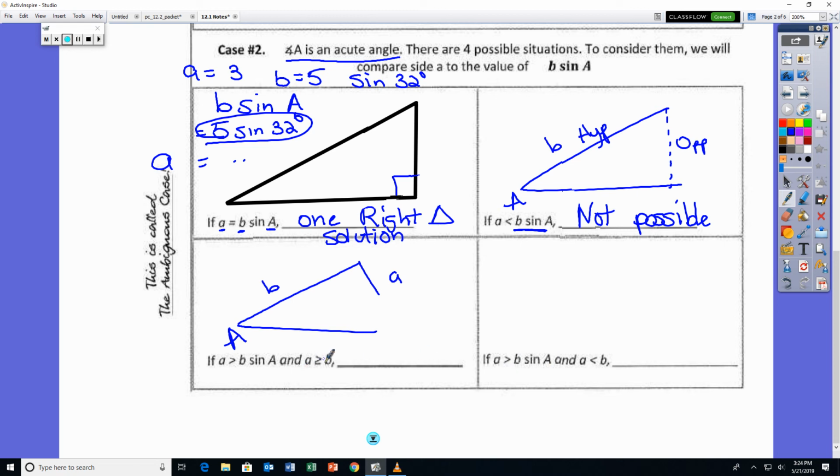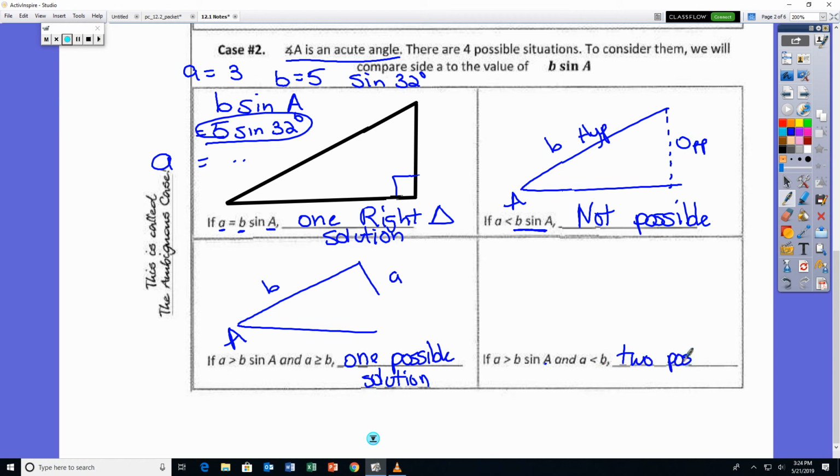If A is greater than B, there's one possible solution. But if A is less than B, then there's two possible solutions.